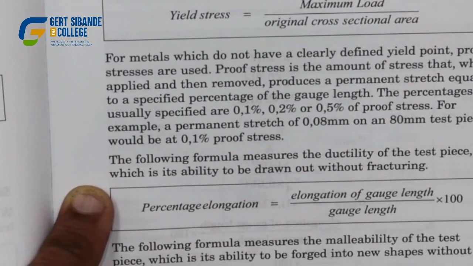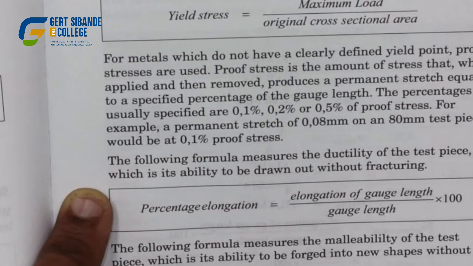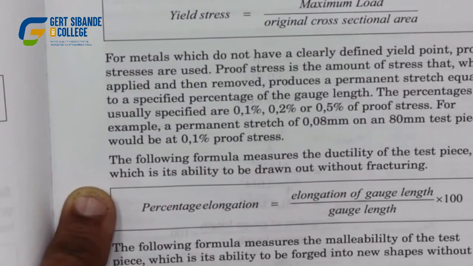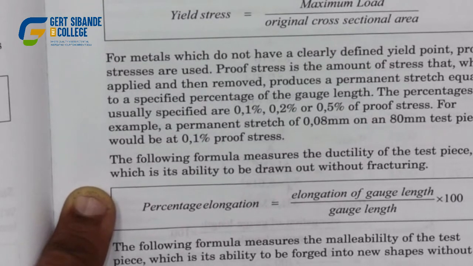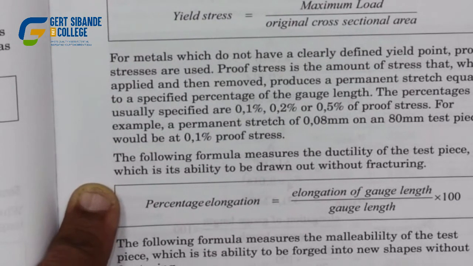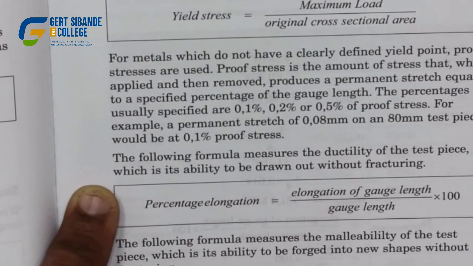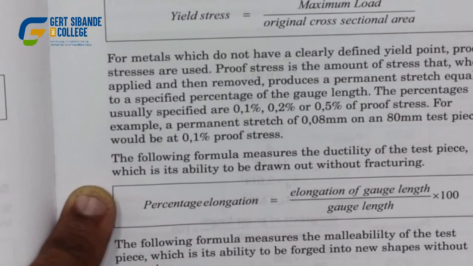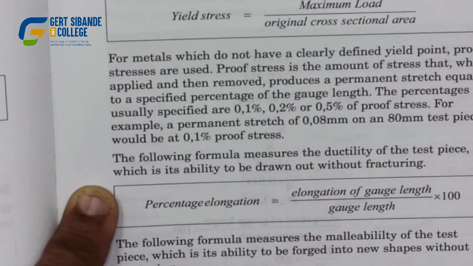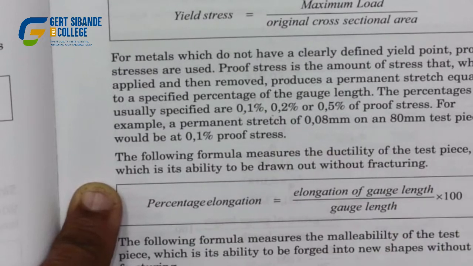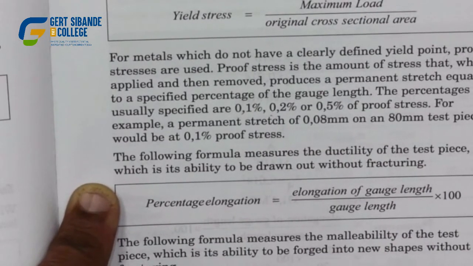Proof stress is the amount of stress that, when applied and then removed, leaves a permanent stretch equal to a specified percentage of the gauge length. The percentages usually specified start from 0.1, which when you convert it will be 0.001.